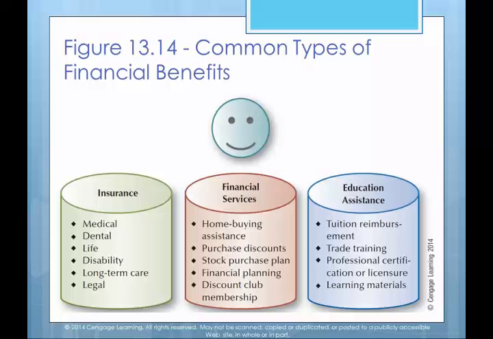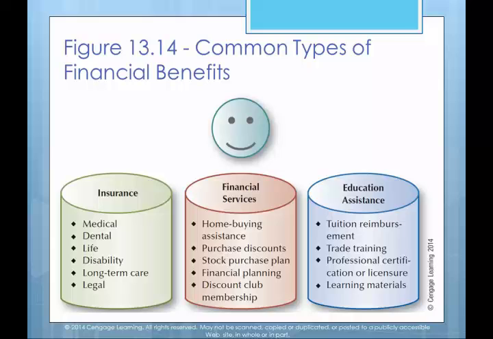Common types of financial benefits that some companies provide are home buying assistance, purchase discounts, stock purchase plans, financial planning, and discount club memberships, like to the gym or to Costco. Those are kind of neat financial services.